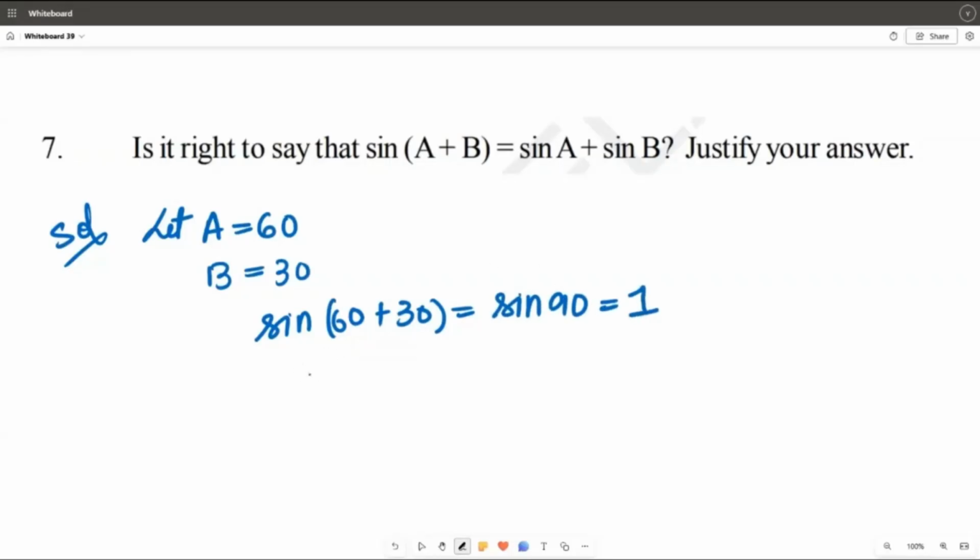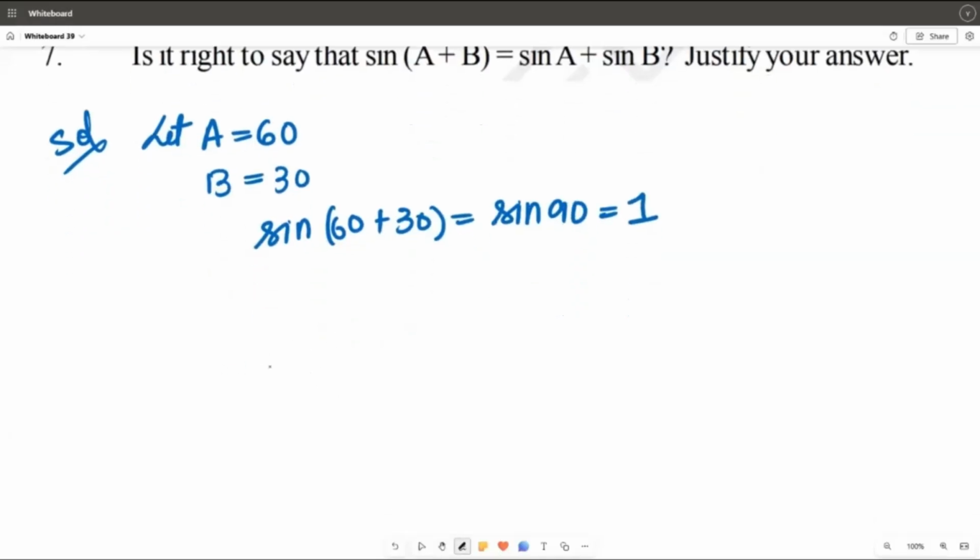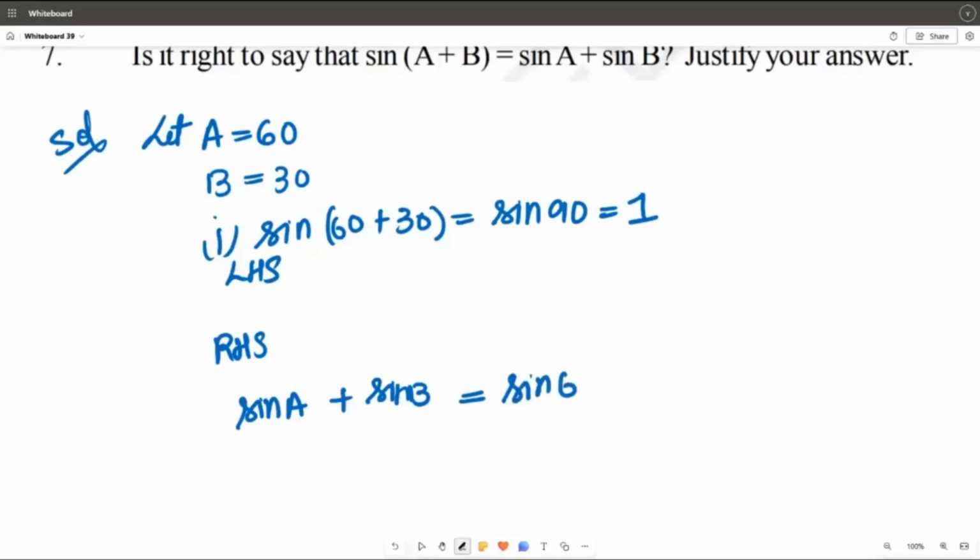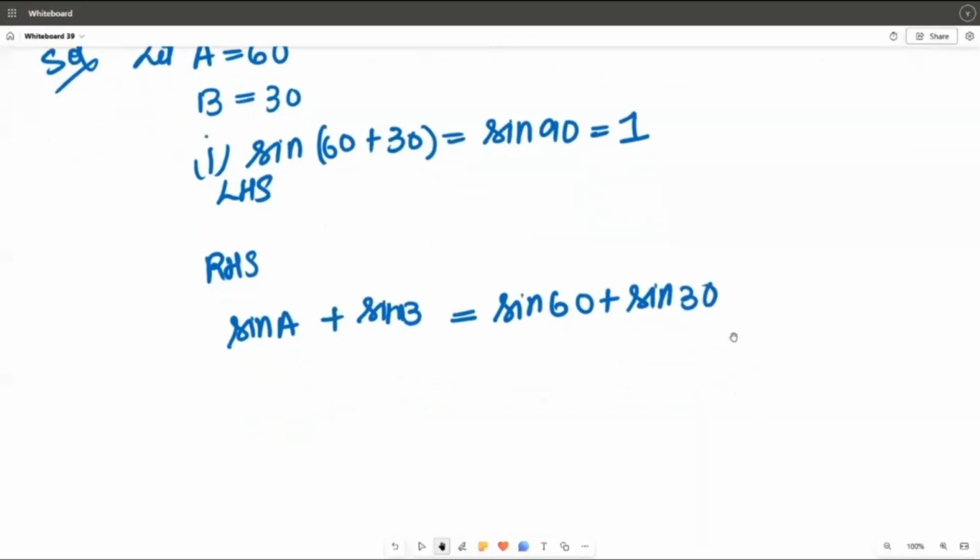That is the LHS. Now if we find the RHS, right hand side, we have sin A plus sin B, and taking A equal to 60 and B equal to 30, this would be sin 60 plus sin 30. Sin 60 is equal to root 3 by 2, and sin 30 is equal to 1 by 2.